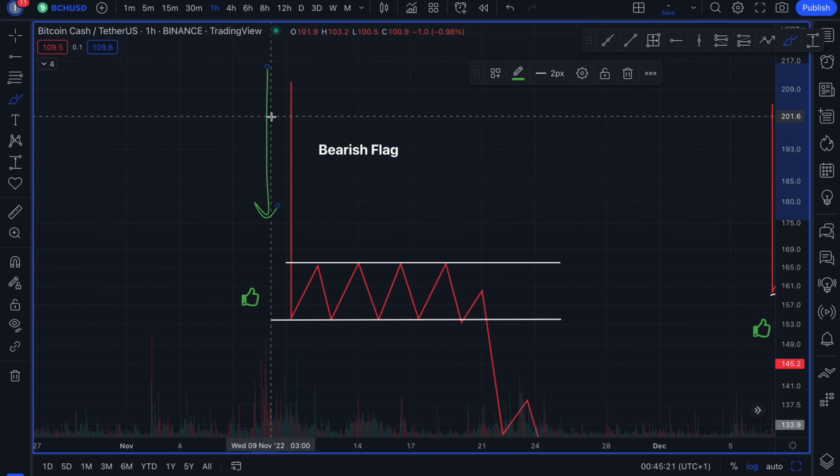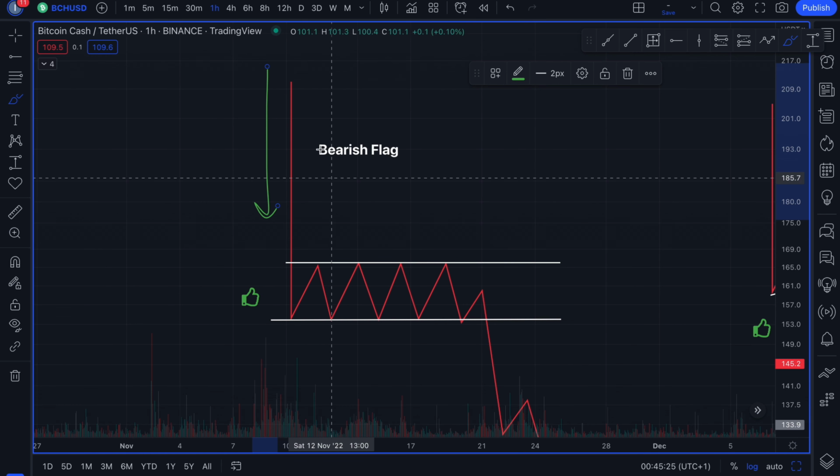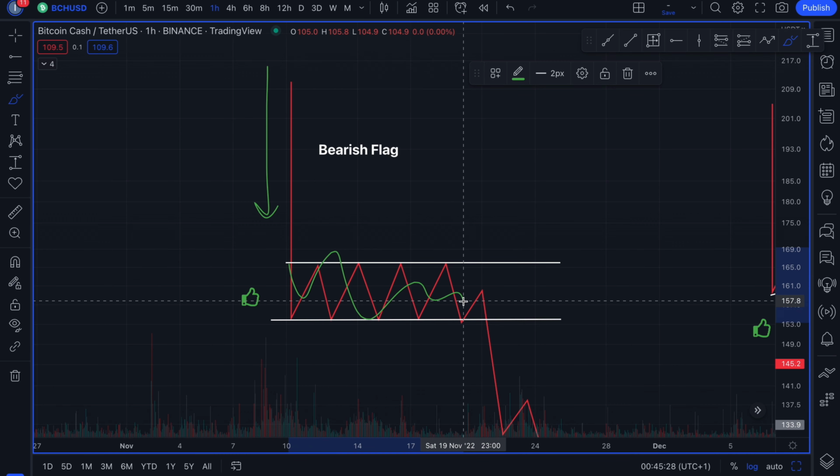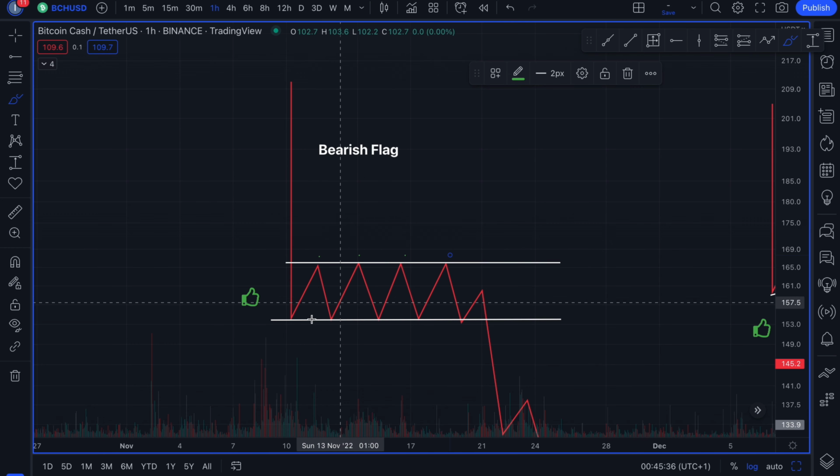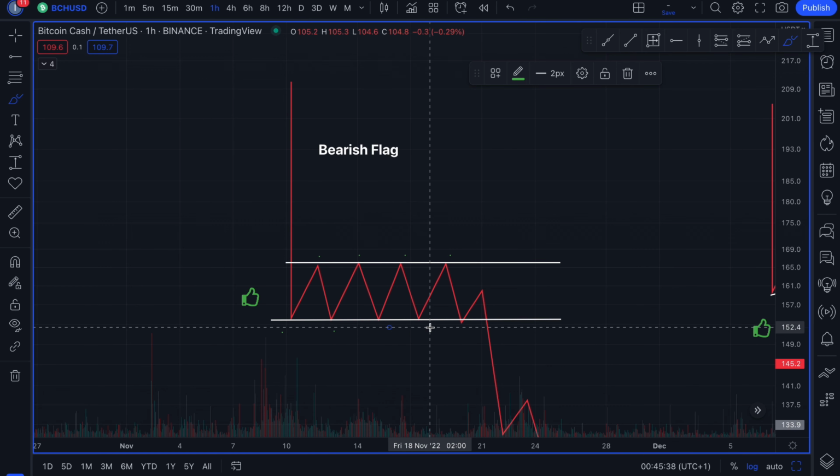And the same situation with the bearish flag. You see that price is going down, it's a downtrend, and you see this big candle, then you see a kind of consolidation here, and you wait for at least 2 or 3 touches on each side. It can be zones or it can be lines.